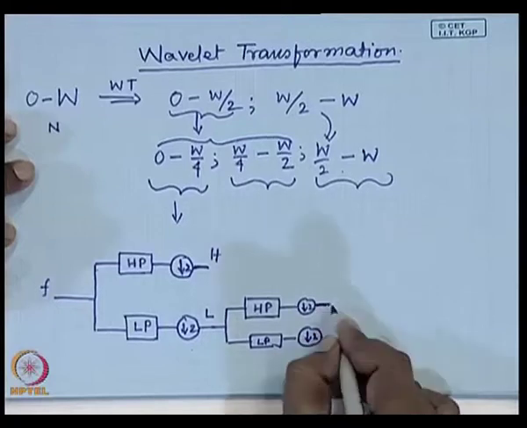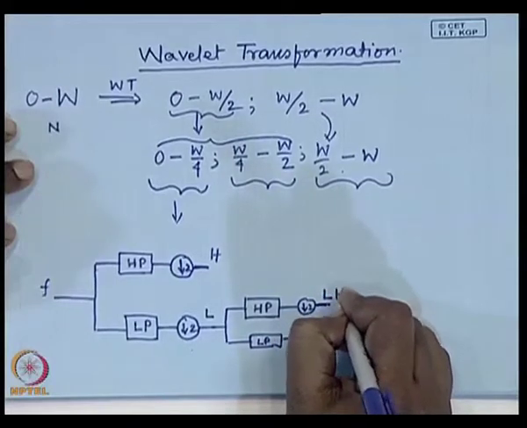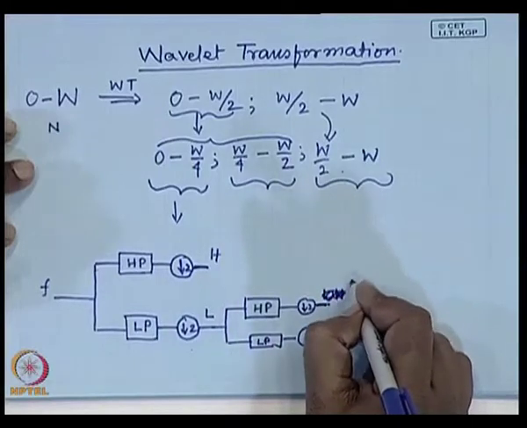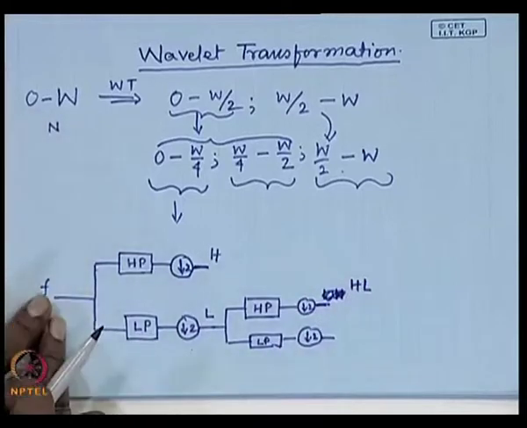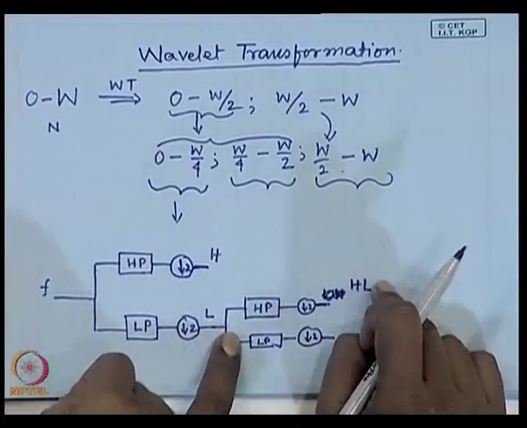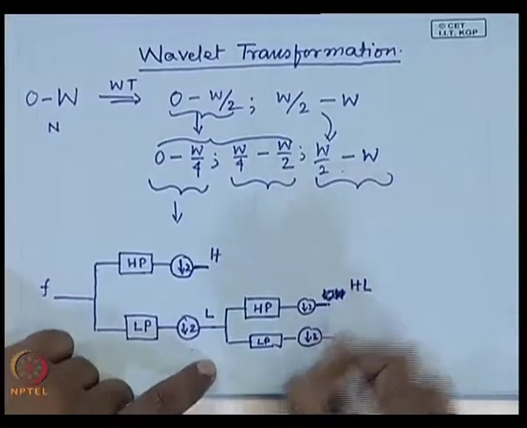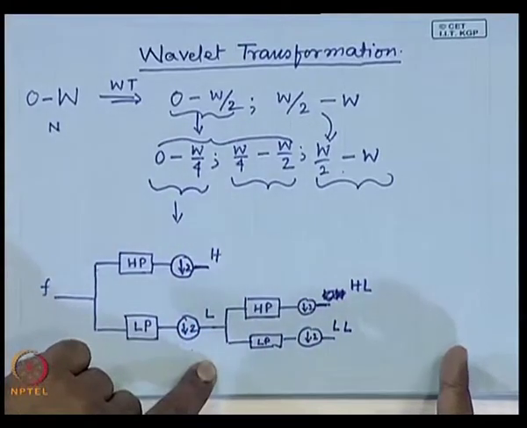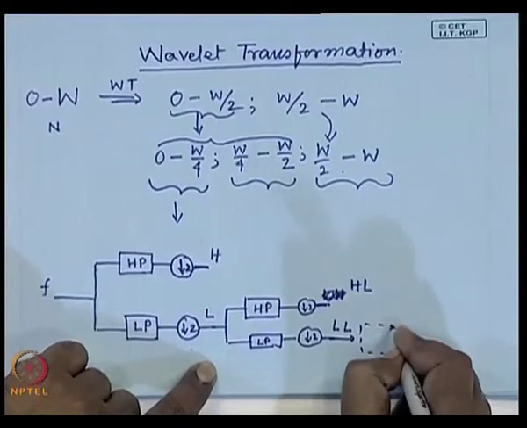This subband I call HL, because this subband has been obtained by first low pass filtering the original signal and then that subband further high pass filtered. So, first low pass filtered, then high pass filtered, and this subband I call LL, low pass filtered, low pass filtered. Okay. So, I can continue with this further to give me different levels of decomposition.